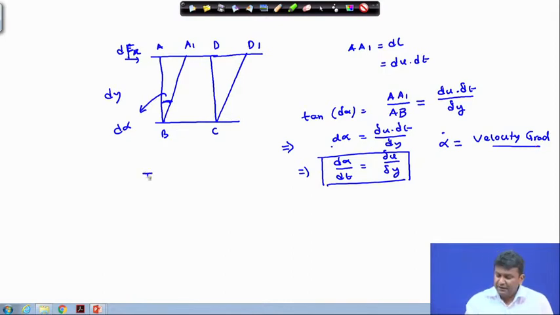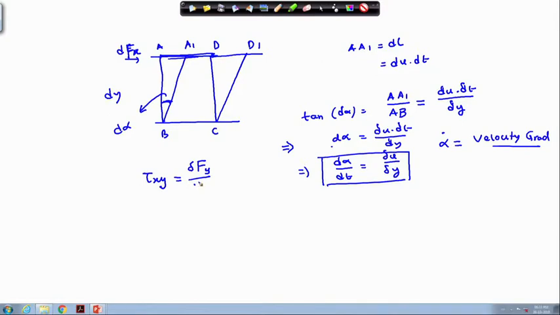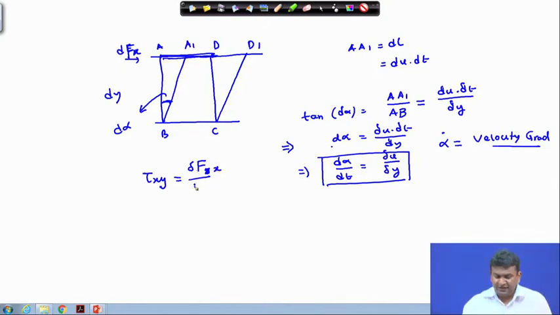You have applied a force Fx in the x direction, and the contact area over here is, let us say, dAy, something like this. Kindly refer to the handout for all the details.